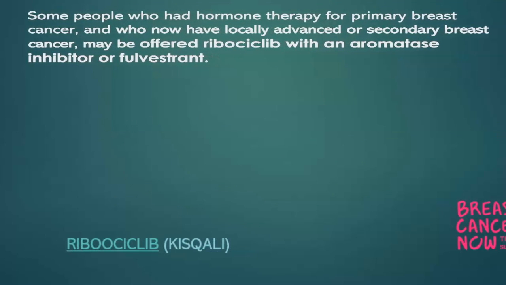So these drugs are basically a new generation of drugs. They have been given to patients who have received the traditional chemotherapy and hormone receptor blockade, and as ways of targeting the cancer further.